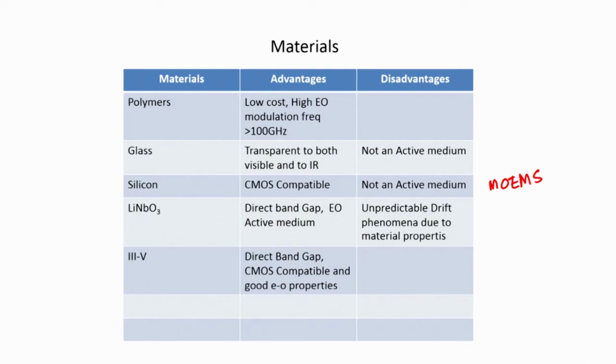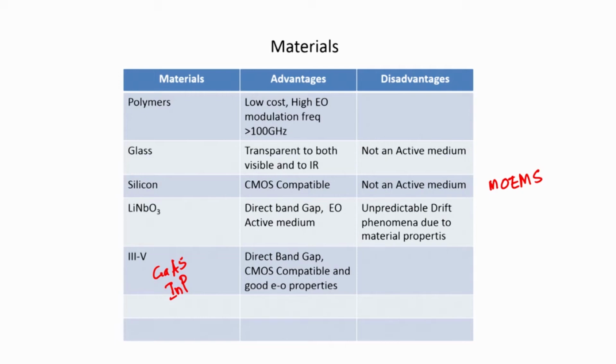And of course, looking into the future, we need compound semiconductors like gallium arsenide, indium phosphide and so on, and combinations of that. Gallium arsenide, indium aluminum arsenide and so on. The 3-5 materials are very important because they have direct band gap properties, which means that we can make very active devices with that, like laser diodes can be made with these materials.